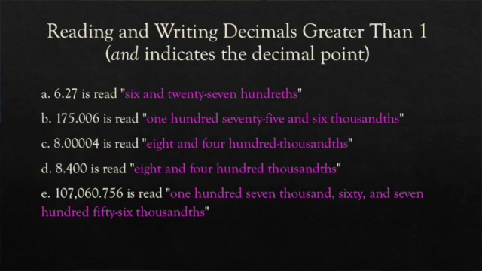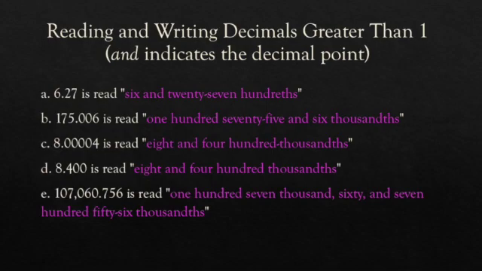Now, if I have a number 6.27, remember when I forbid you all to use the word and when it came to using whole numbers and numbers with commas. I told you never to use and.